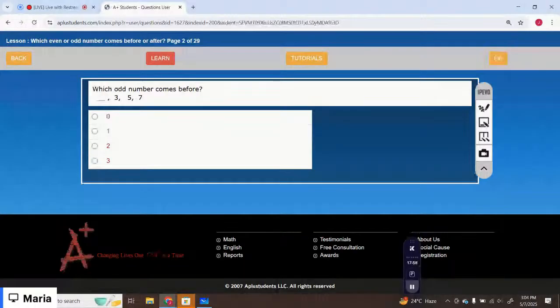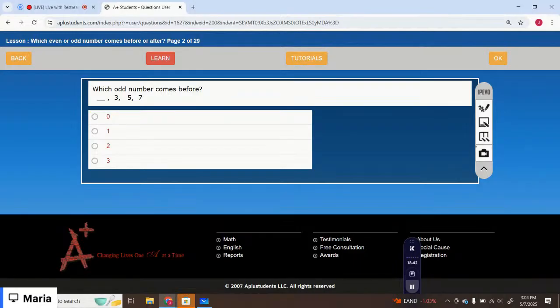Which odd number comes before? 3, 5, 7. So which number comes before 3? The number that comes before 3 is 1.